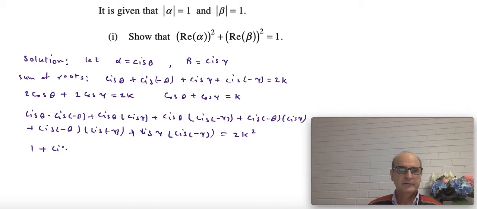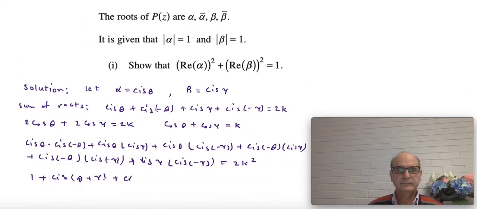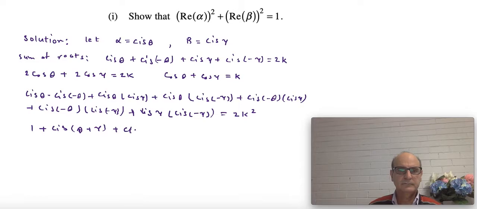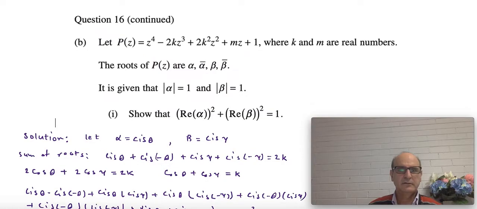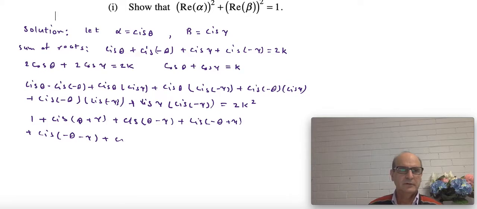That becomes cis, here I'm adding the arguments, theta plus gamma, cis theta plus gamma, plus cis theta minus gamma, plus cis minus theta plus gamma, plus cis minus theta minus gamma, and cis 0, which I can write as cis 0 or I can just write as 1.